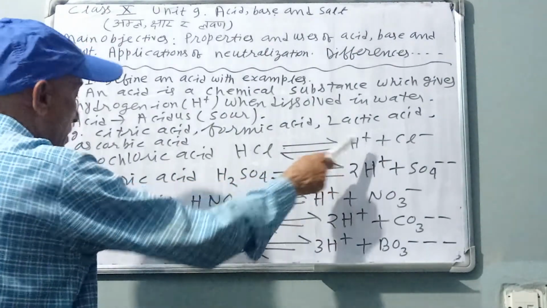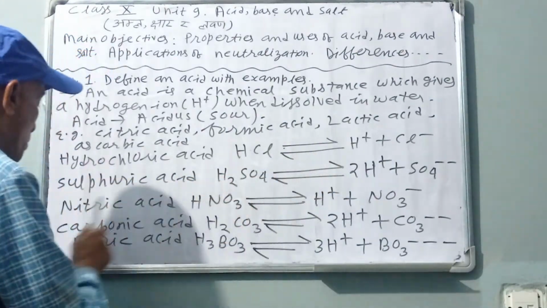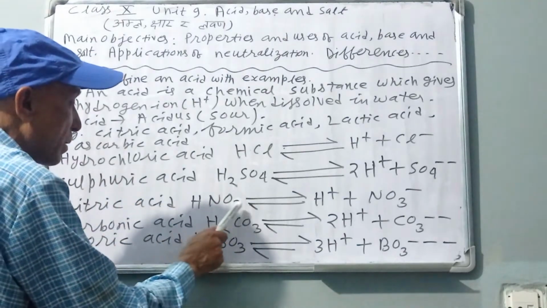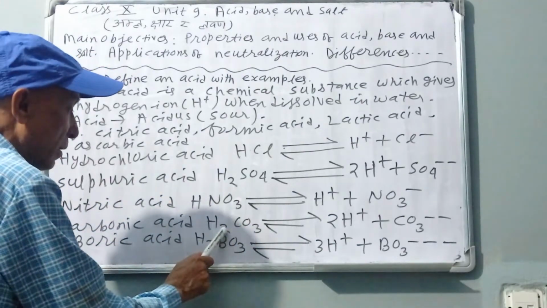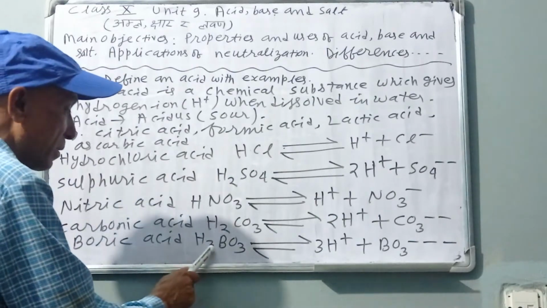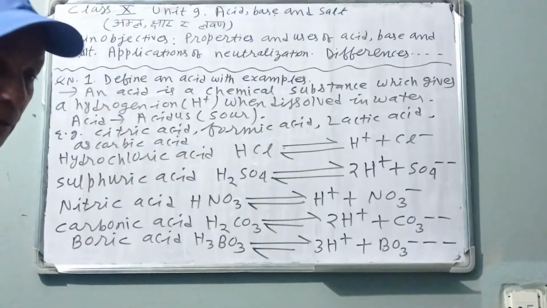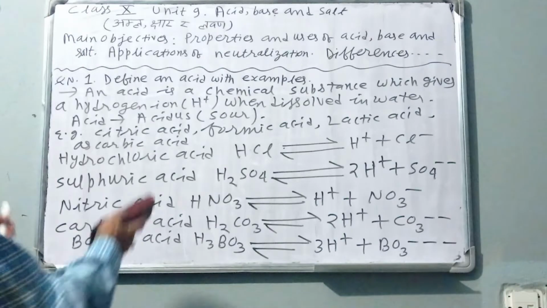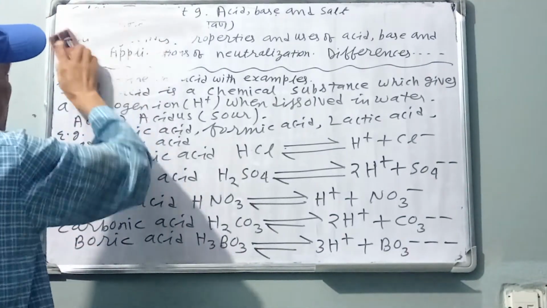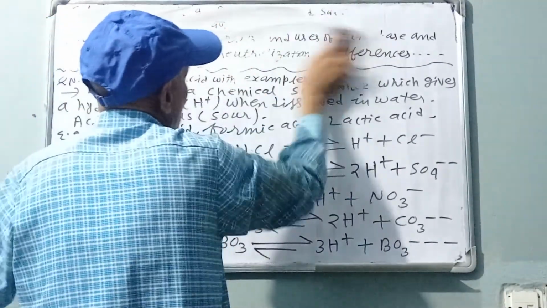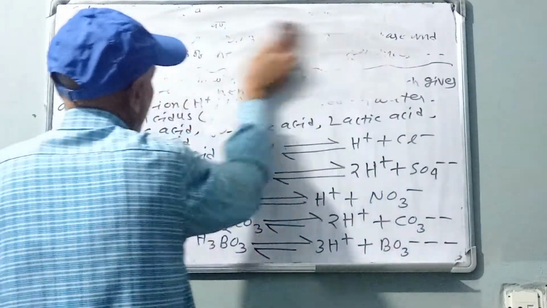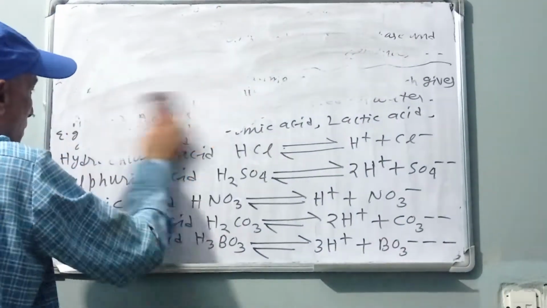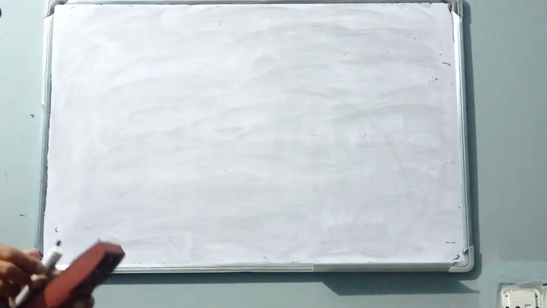Hydrochloric acid HCl, sulfuric acid H2SO4, nitric acid HNO3, carbonic acid H2CO3, boric acid H3BO3, phosphoric acid H3PO4. Why is lemon sour when cut? Lemon is sour because it contains hydrogen ion.